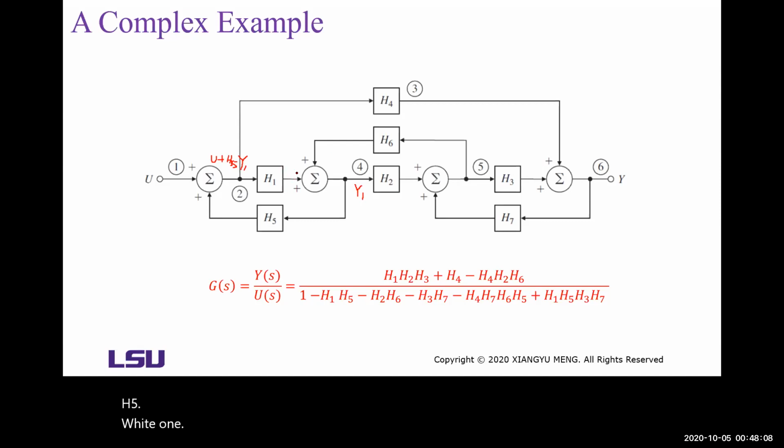Here it's multiplied by h4, so h4 times (u plus h5 y1). And here you have h2 y1. Then you feed back this loop of h7 h4.